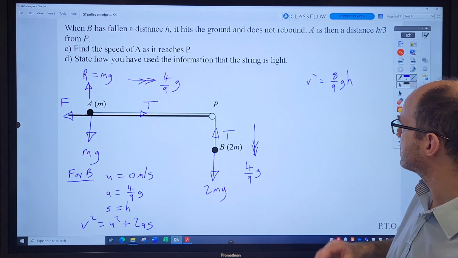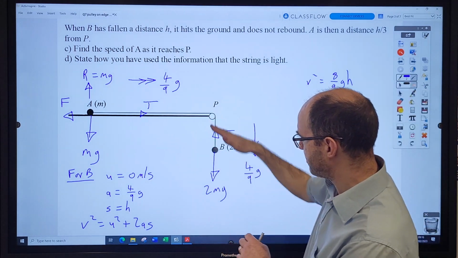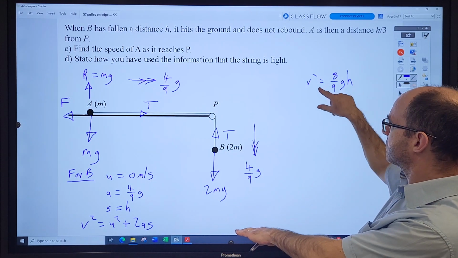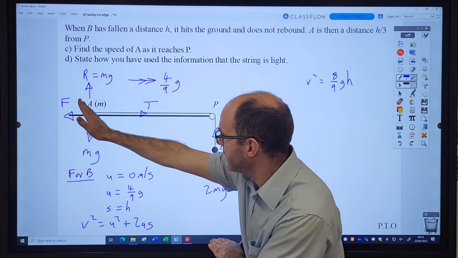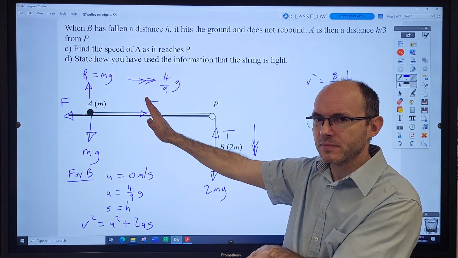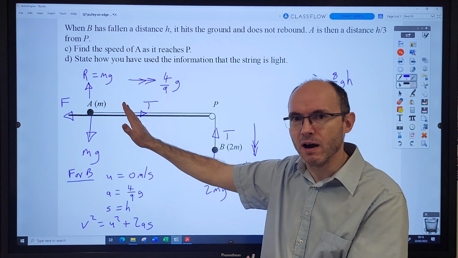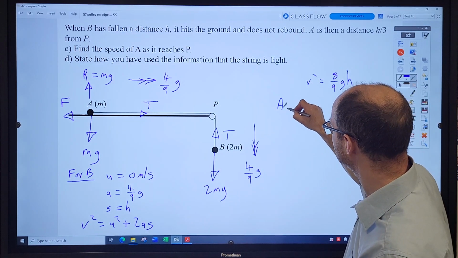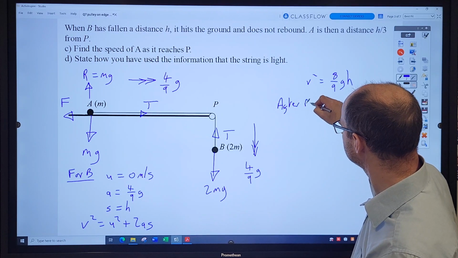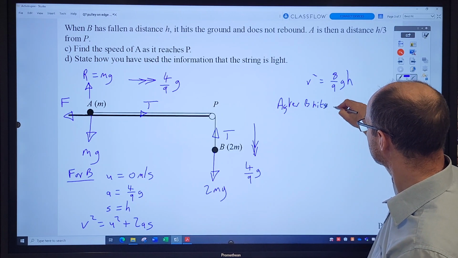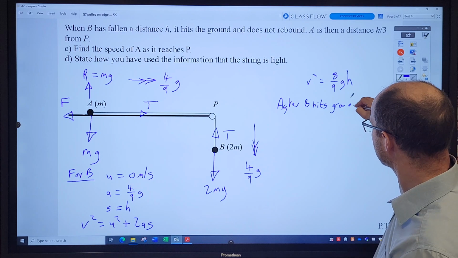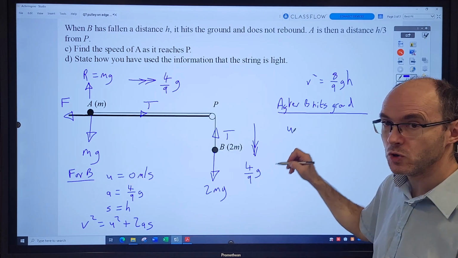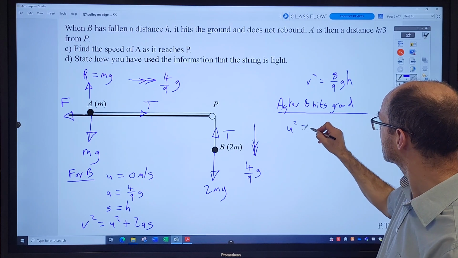What that tells us is that when B hits the ground, it is moving with speed v, where v squared equals that. A is moving at the same speed. We need to consider what's happening after that motion. Okay? So after B hits the ground, we have A moving with speed v, where v squared is equal to that.